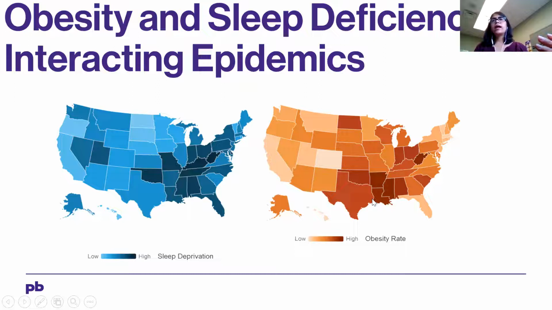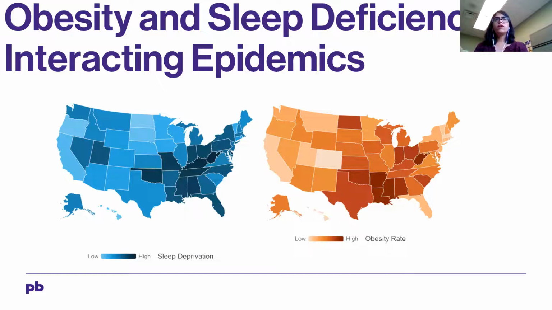This tells you that the obesity epidemic and the sleep deprivation epidemic may be interacting, or they might be feeding each other. It could be that poor or short sleep is contributing to obesity, or who knows, obesity may be causing the poor sleep problems, right?